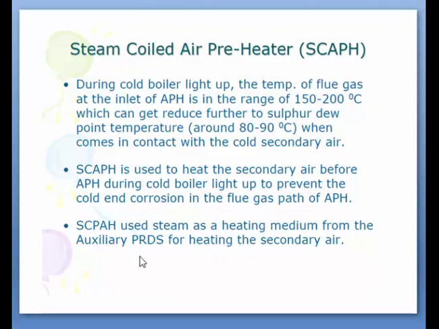So PRDS is basically a pressure reducing and de-superheating unit.